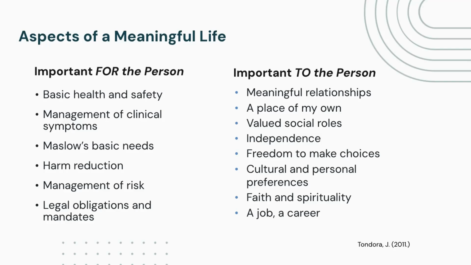On the left hand side of this visual, you can see that important for the person, they're critical things. They're things like a person's legal obligations and mandates and their basic health and safety. On the right hand side, you can see that what is considered important to the person are things like their meaningful relationships, their faith, maybe their career or vocation.